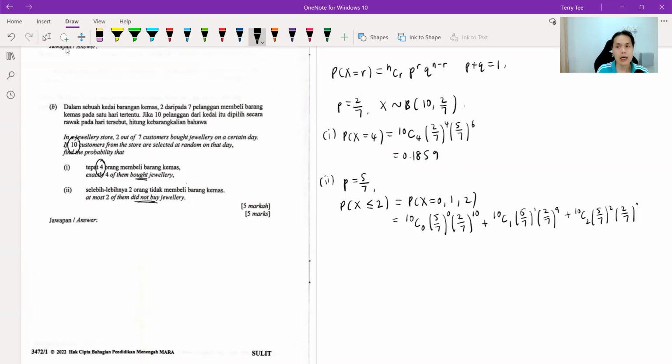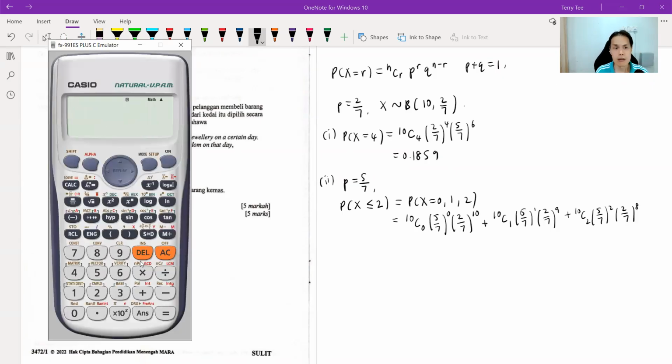Then I'm going to show you how to use a summation function in your calculator. You press Shift, there's a sum formula. Then Shift C. This is X. We use a general formula, alpha X. Multiply. Your P value is now 5 over 7.